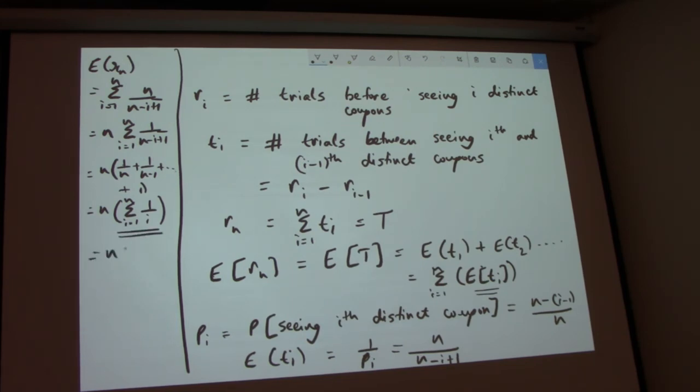So this is just the nth harmonic number, which is gamma plus natural log of n plus some function of 1 over n. Now this is a very small order term. It doesn't affect your bigger problem too much, so we can generalize it to be just n times (gamma plus natural log of n), right?